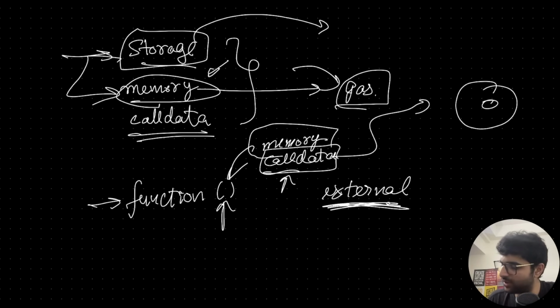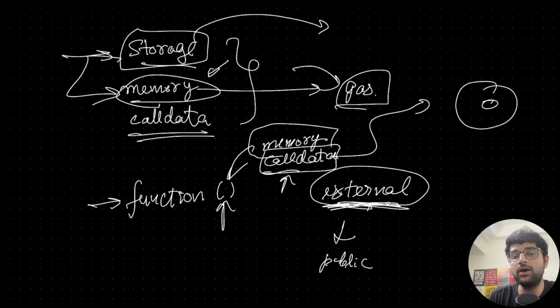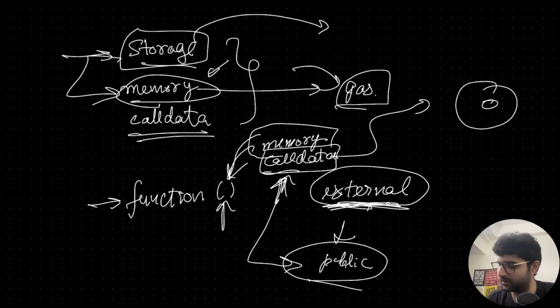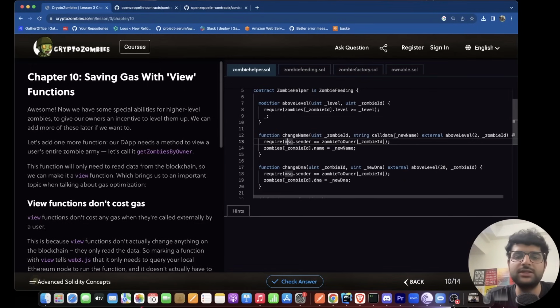The gas benefits you get from a function being external versus, let's say, public sort of go away if the variable that you've passed in is memory, which is why call data can never be used as an argument in a public function. It can only be used in an external function. Cool. That is good enough to know at this point the difference between call data and memory.